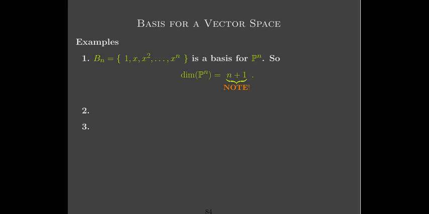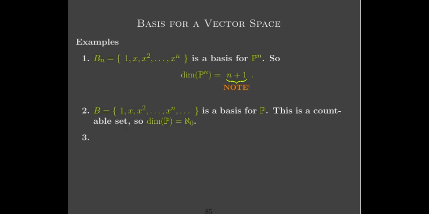So we were able to say that P2 is not only a subset of P3, P2 is a subspace of P3. The second big difference is that R3 is three-dimensional. P3 is four-dimensional. P2 is three-dimensional. P1 is two-dimensional. So it's just a difference that we need to make careful note of.